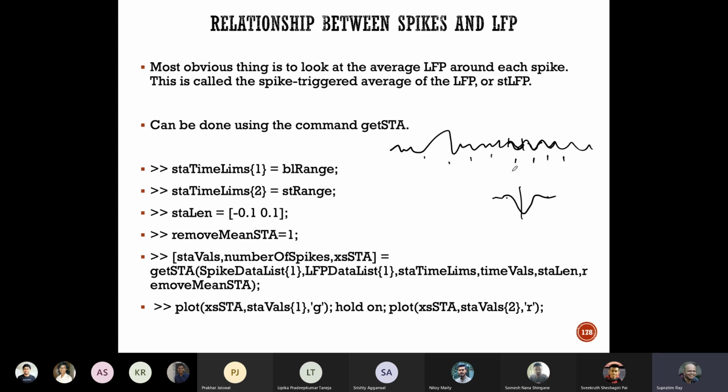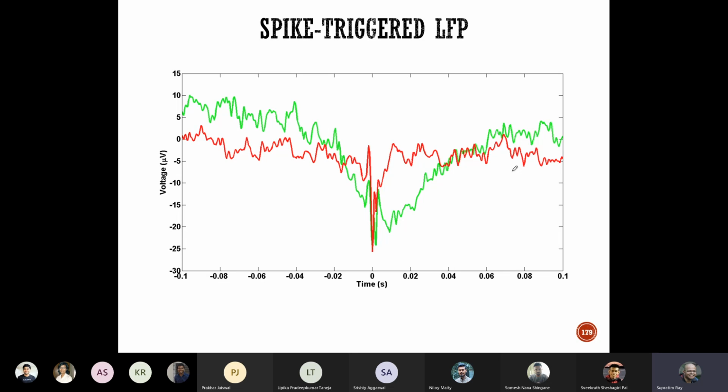So that's the idea. If you look at the spike triggered average for the spikes in the baseline period before stimulus onset, you get a trace like this green trace here. This is baseline.